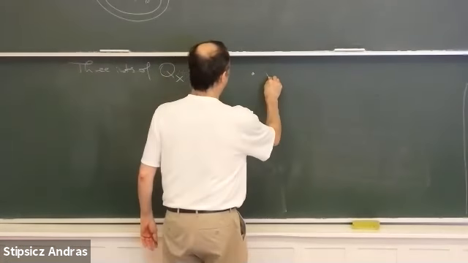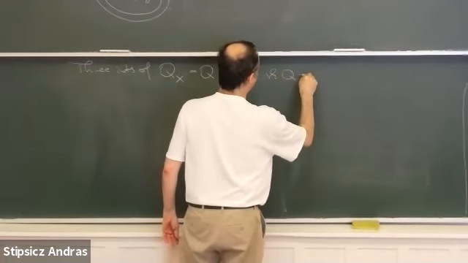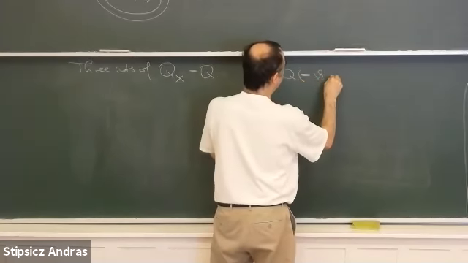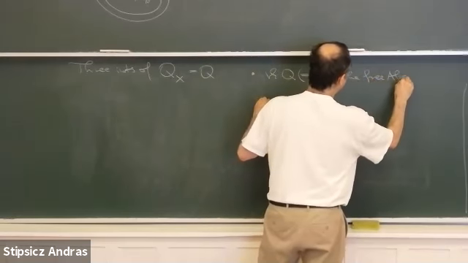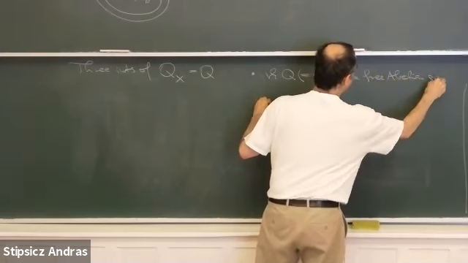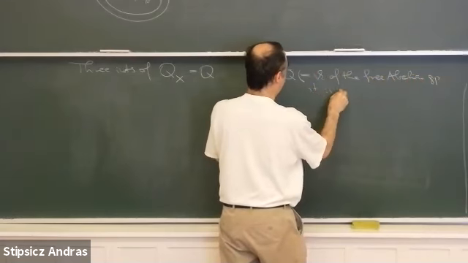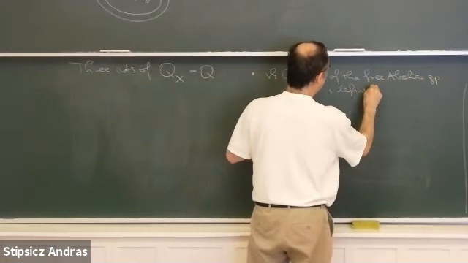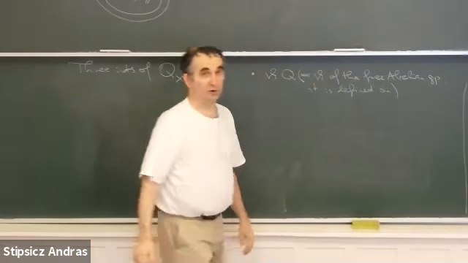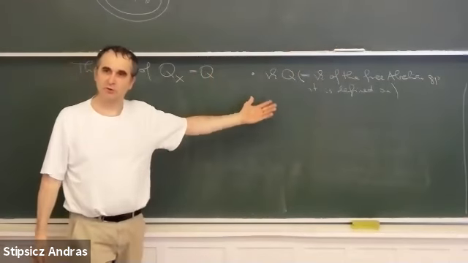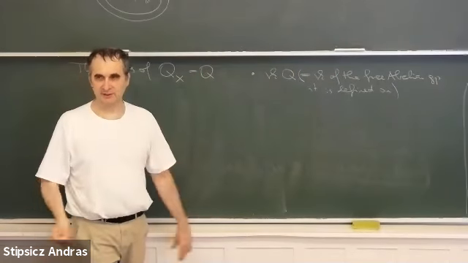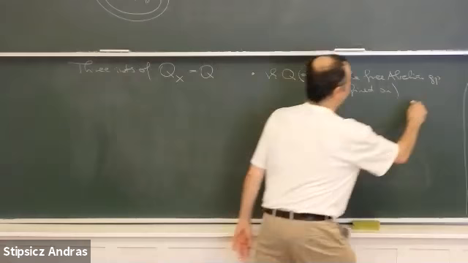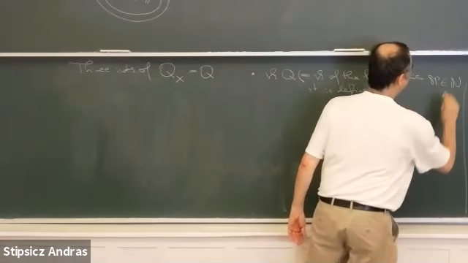So there is the rank of Q, which is just the rank of the free abelian group it is defined on. So in our case, in the smooth four manifold case, it's just the second Betti number of X.